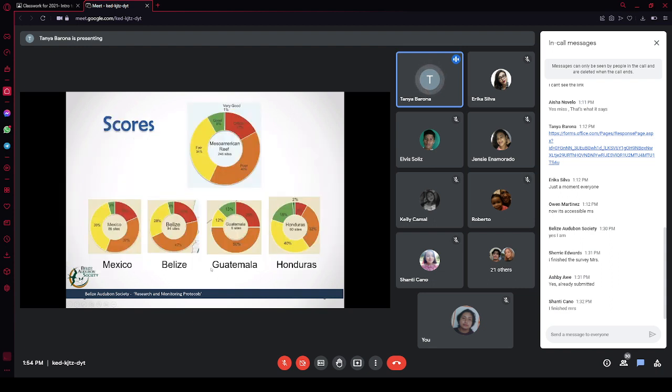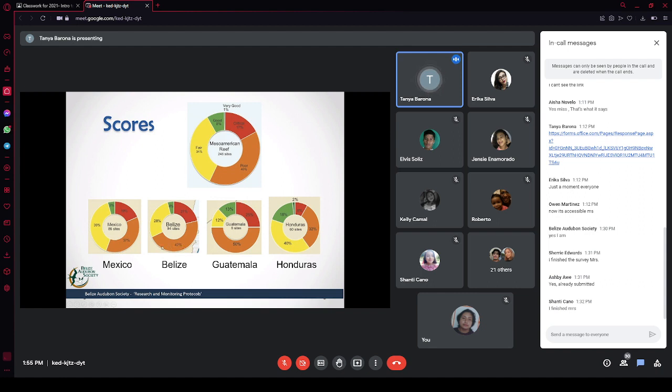So in looking at our grade for the last report card that was put out for the entire Mesoamerican reef system, we're mainly in fair to poor condition, with a total of 40% being poor. Belize has 47% of our reef being poor.